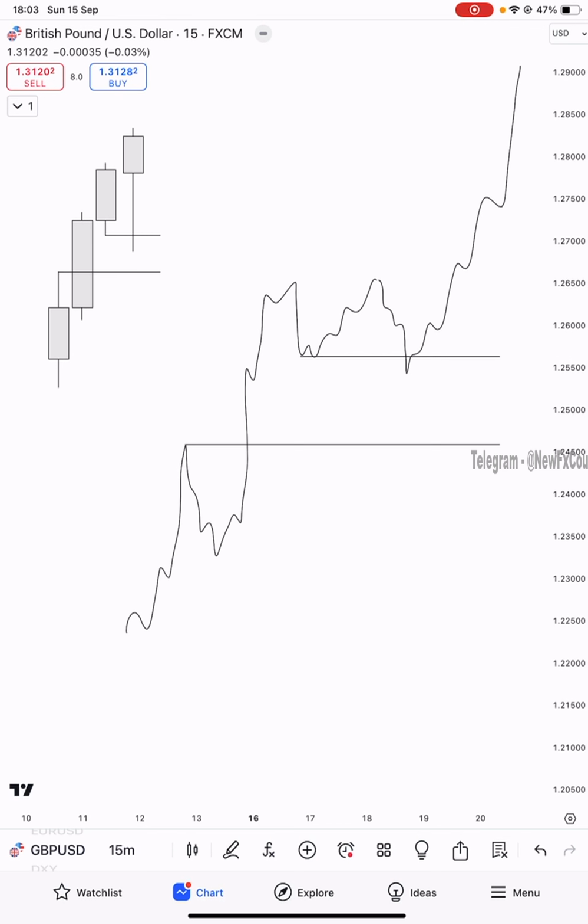Weekly gap, beautiful weekly delivery. Daily gap, beautiful daily delivery. 4 hour gap, beautiful 4 hour delivery.